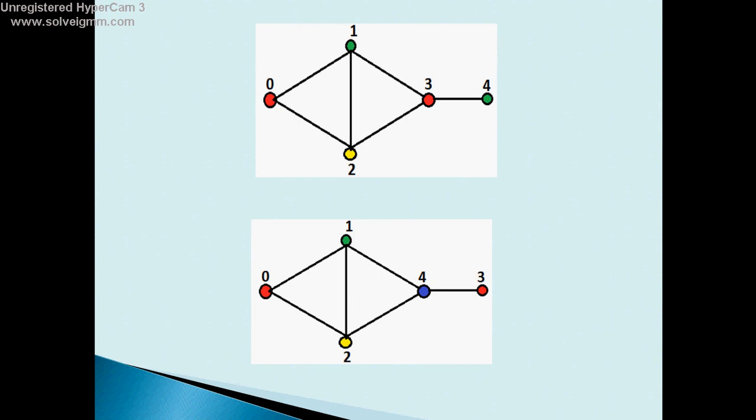So in this graph we have also used 4 colors. We can say that this algorithm doesn't guarantee to use the minimum number of colors, and the number of colors used sometimes depends on the order in which vertices are processed.